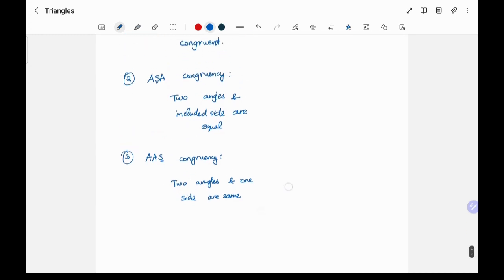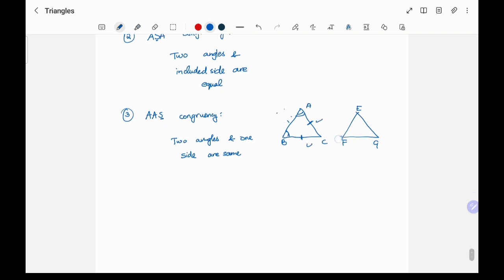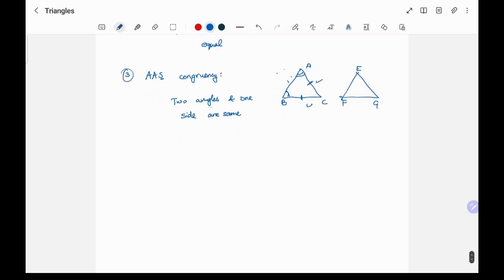One side is opposite to one of the angles. If I take this angle and this angle, then I should take any one side, either this side or this side, because this is the included side. Even if I consider this side or this side, still they are congruent. One side opposite to any one of the angles are equal.